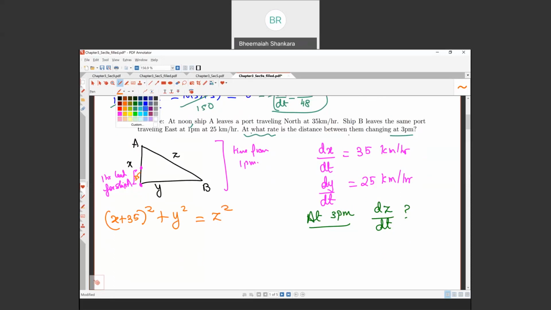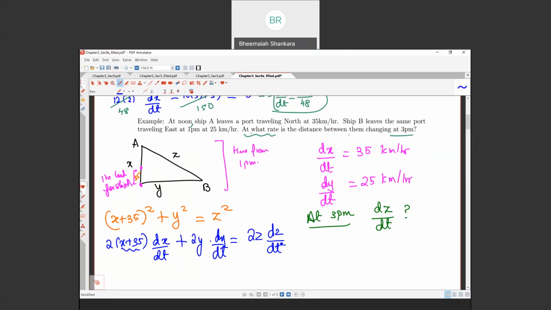So now differentiate this: 2 times (x plus 35) times dx over dt. You're differentiating the inside function. Y squared is 2y, differentiate y, dy over dt. Z squared is 2z, differentiate z, dz over dt.